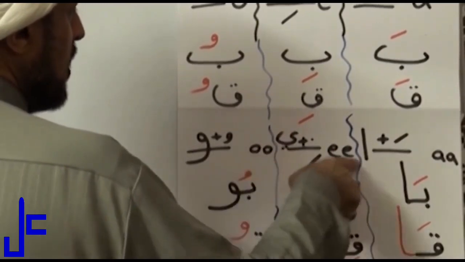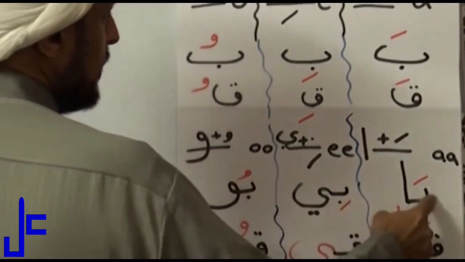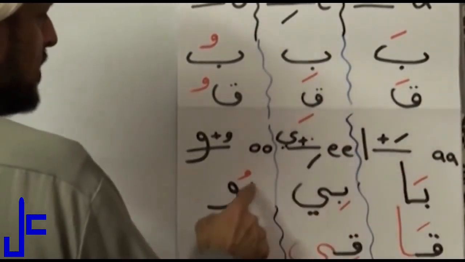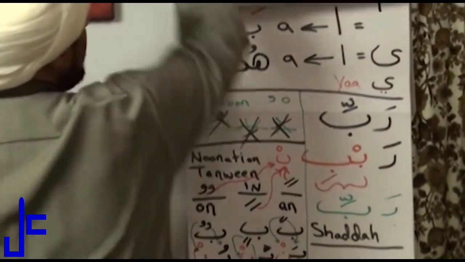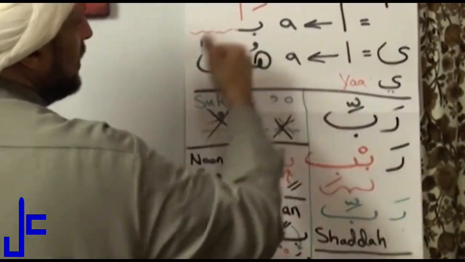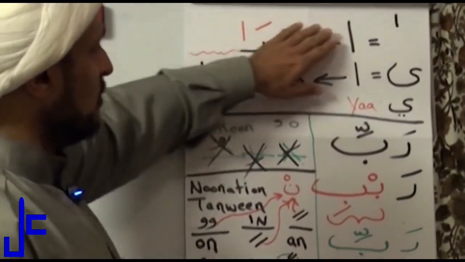Kasra with ya becomes e. Damma with waw becomes u. Ba, bi, bu, qa, qi, qu. And finally, we showed you that alif has different forms in the Quran. Some of the alifs are written regular.